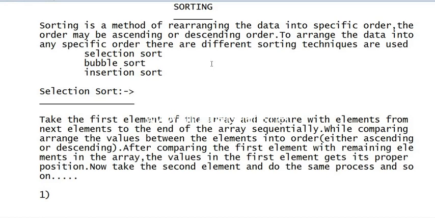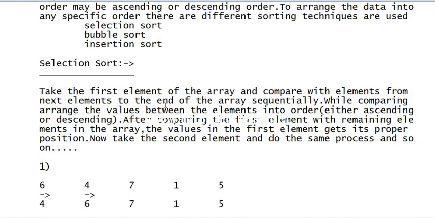There are various sorting techniques like selection sort, bubble sort, insertion sort, heap sort, merge sort, etc. In this tutorial we are going to see how selection sort works. In selection sort, we are given a set of elements.